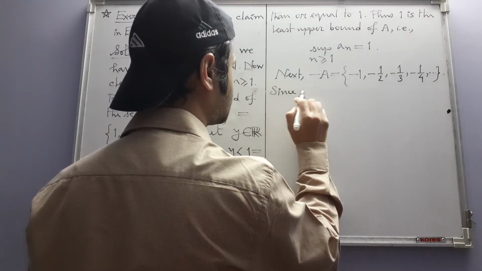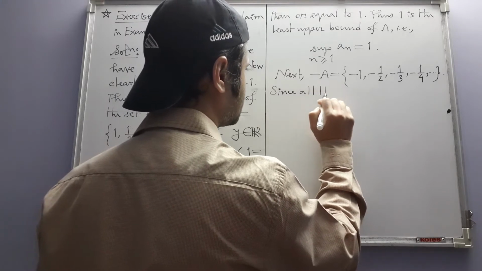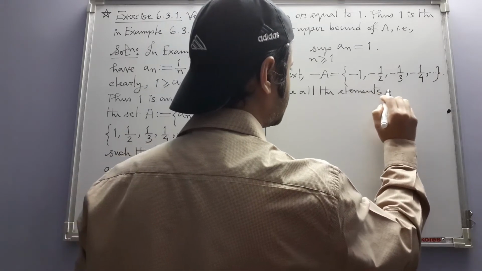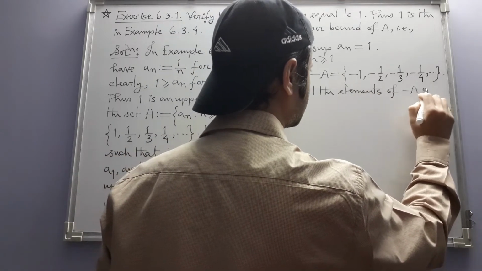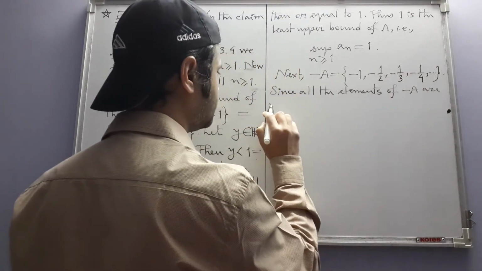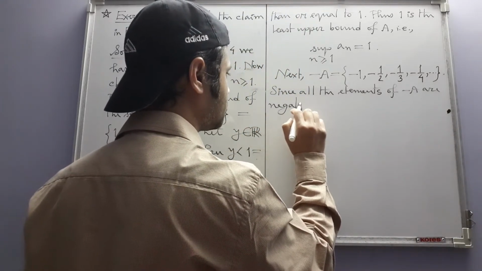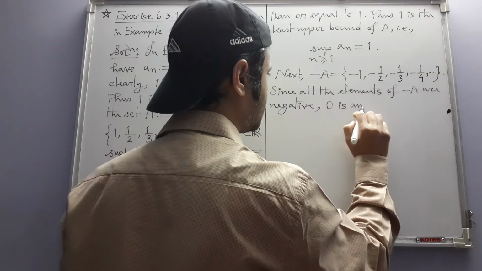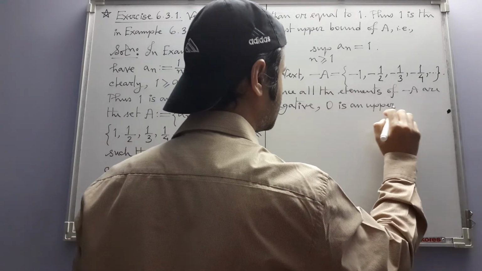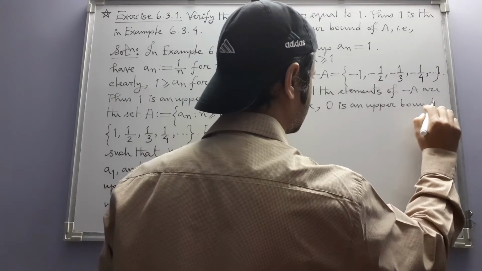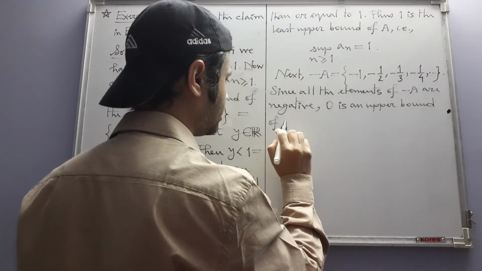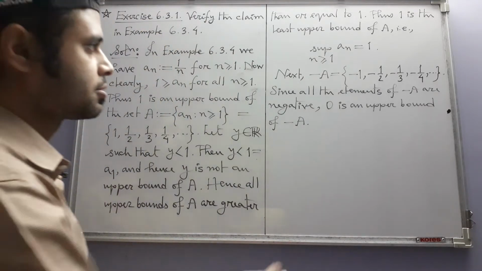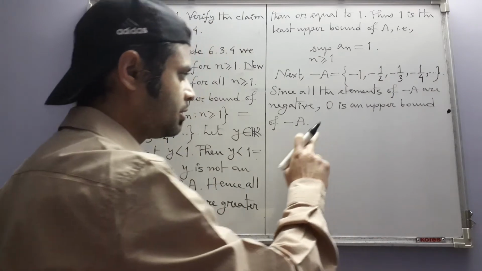Since all the elements of minus A are negative, 0 is an upper bound of minus A. Clearly, because you take any element, that element is less than 0.